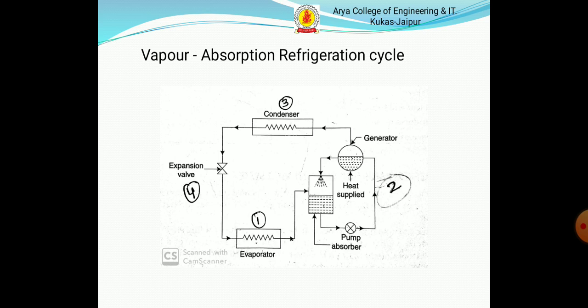Mainly, low pressure vapor coming out of the evaporator is compressed, but here in place of a compressor, the compressor effect is produced by using an absorber, a pump, and a generator.